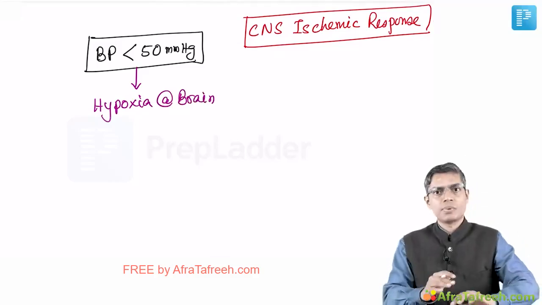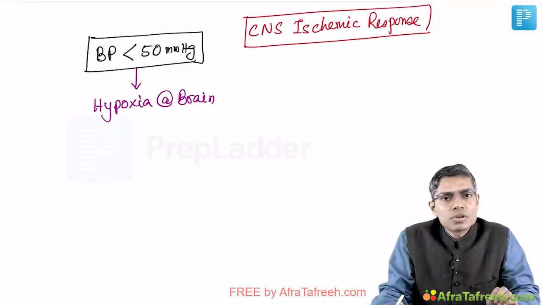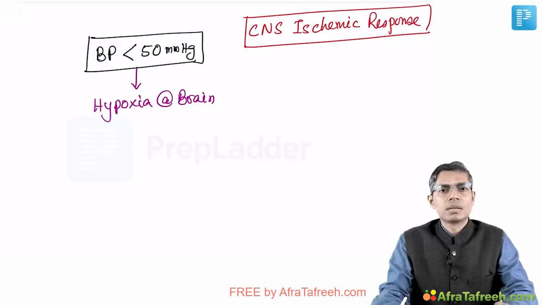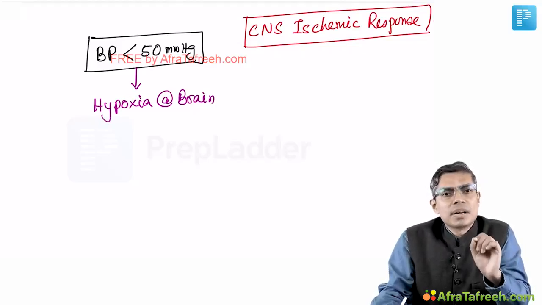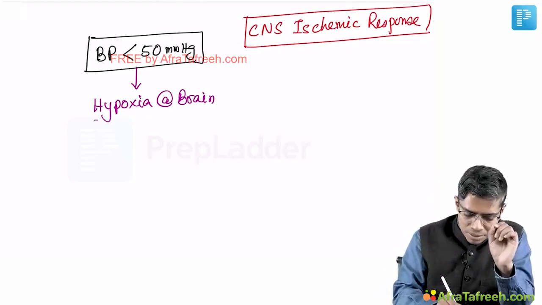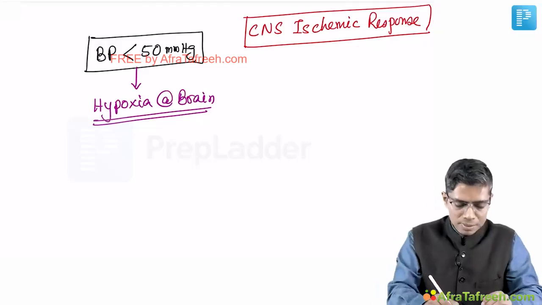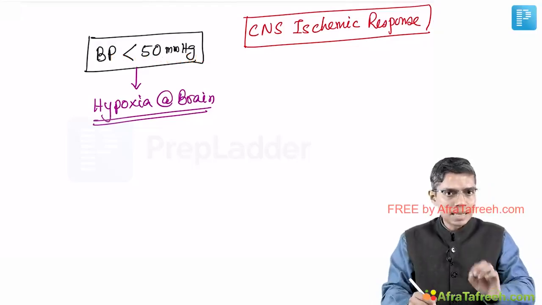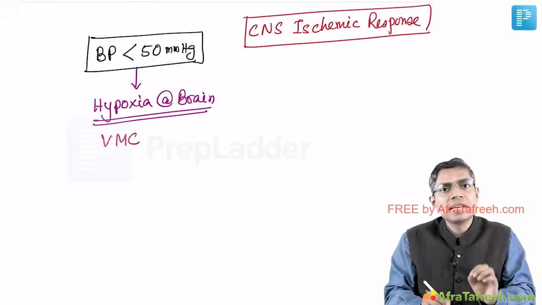Now remember, forget about other parts of the brain. This vasomotor center, or the rostroventrolateral medulla, is very sensitive to local hypoxia and hypercapnia. So if your blood pressure is very low, there will be lesser blood flow at the level of the brain, and in this hypoxia the vasomotor center is very sensitive.